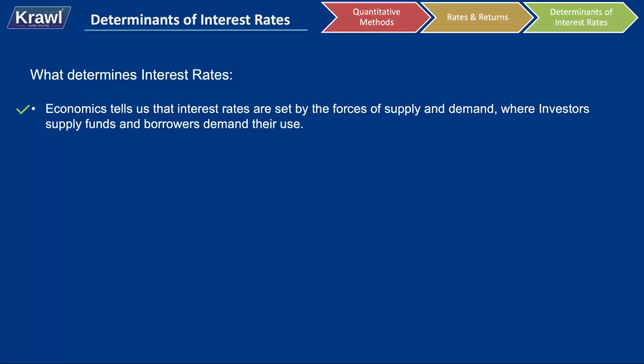And somebody who is willing to borrow that and return after 12 months 10,000 USD is the consumer. So there is a supplier who is supplying, and there is somebody who is creating a demand. So if there is a higher supply and a lower demand, the interest rates would be lower, and vice versa. So this is a very straightforward and simple understanding of what interest rate can be.